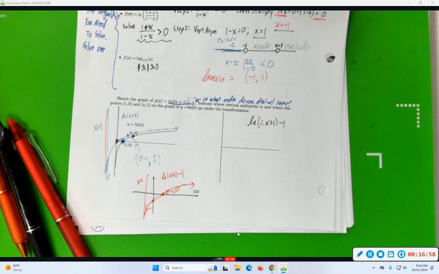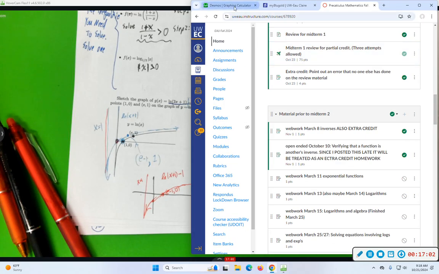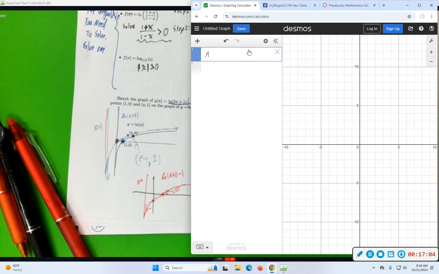Because this was a while ago, let's remind you of a hacky way to remind yourself. Give me a function that doesn't have to do with logs. There's a function.